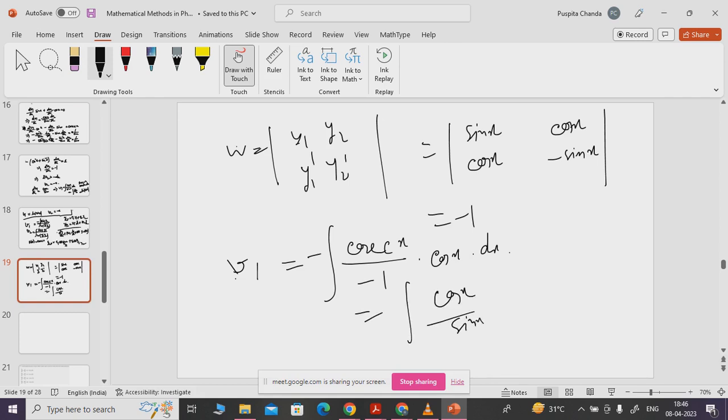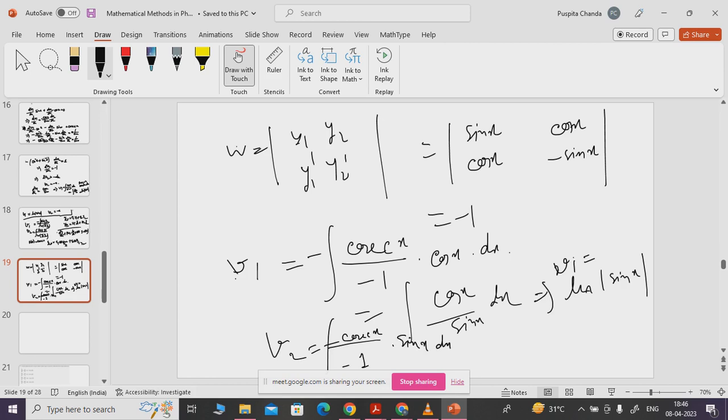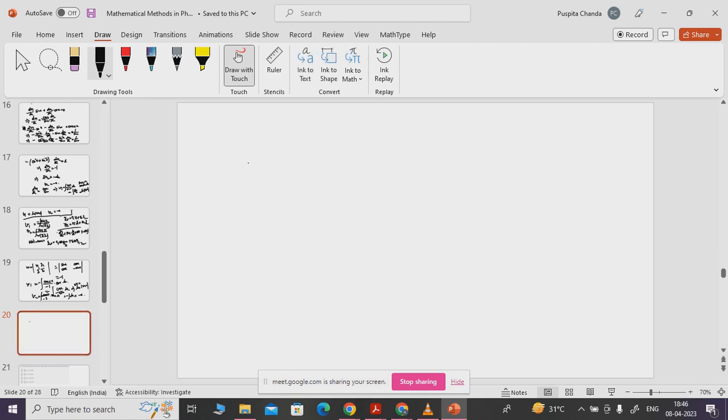So it will become like that, which we have known, that v1 is equal to ln sin x. But see, this involves less calculation, and the Wronskian part you can do all this in a minute. And for v2 it will be integral of cosec x by minus 1 into sin x dx, which will be minus dx, which will be minus x, which we have got there, but this is less time taking.